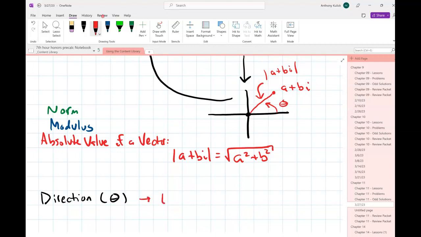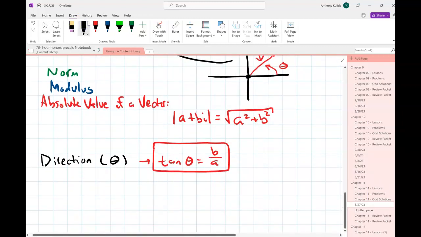So if that's true, then tan theta should just be the y component over the x component. Everybody's okay with that idea?